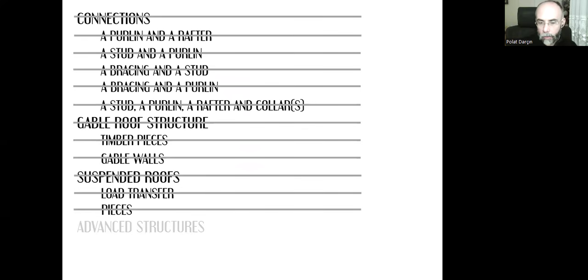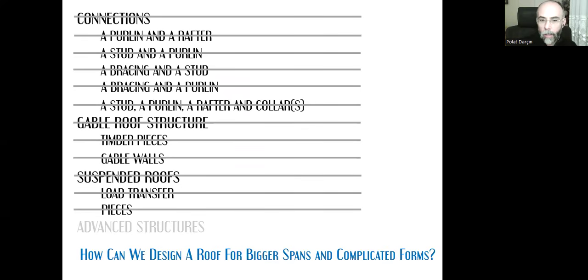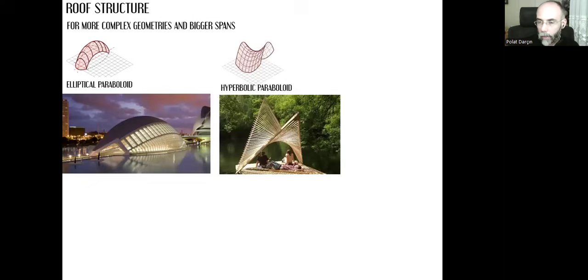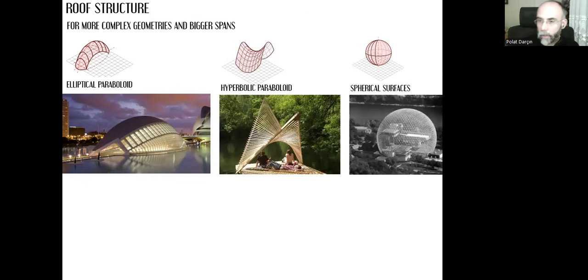Okay, we covered the roofs, so suspended roofs. How can we design a roof for bigger spans and complicated forms? Here we need to learn advanced structures. For more complex geometries and bigger spans like elliptical paraboloid or hyperbolic paraboloid or spherical surfaces, these are huge.